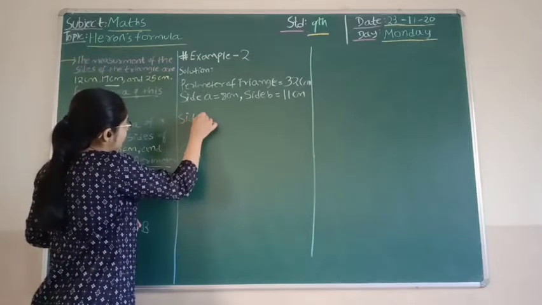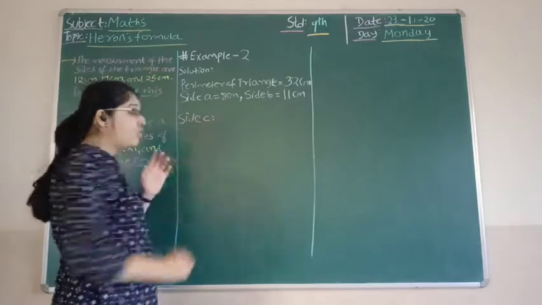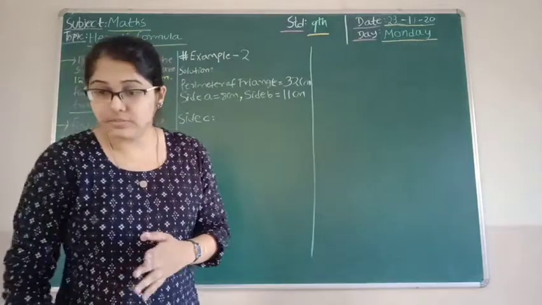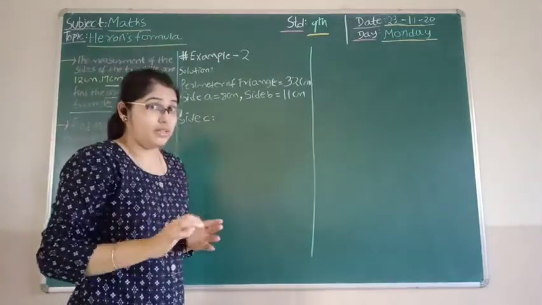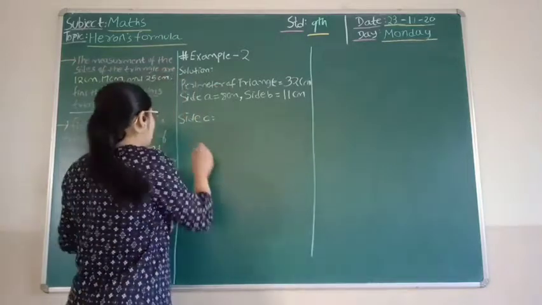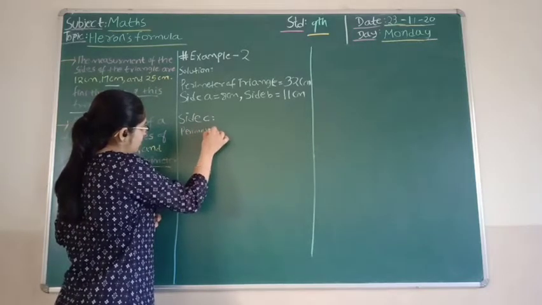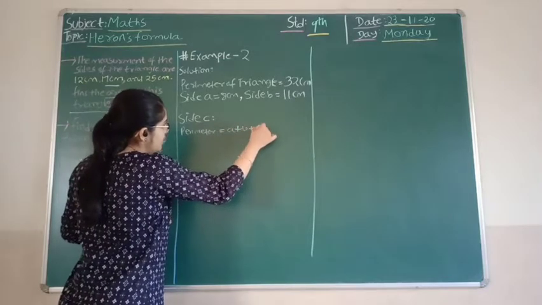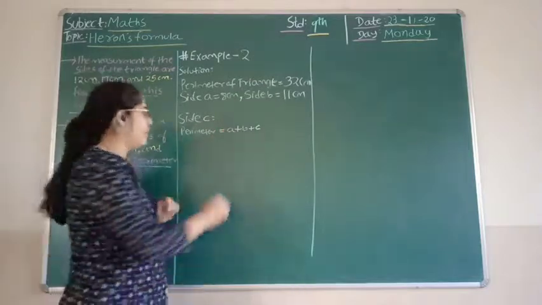Side C. For that, students, we will use the formula, and we know that perimeter is nothing but equal to A plus B plus C. We know the perimeter is 32 centimeter, so I am writing 32.